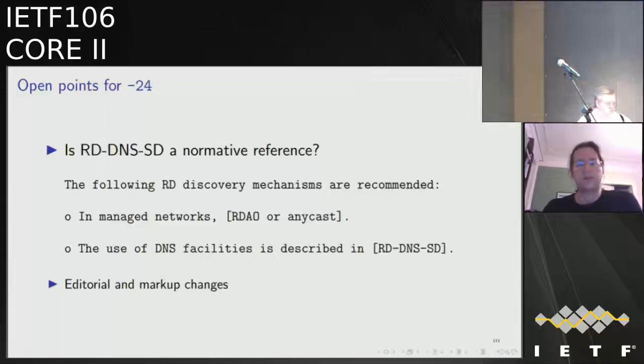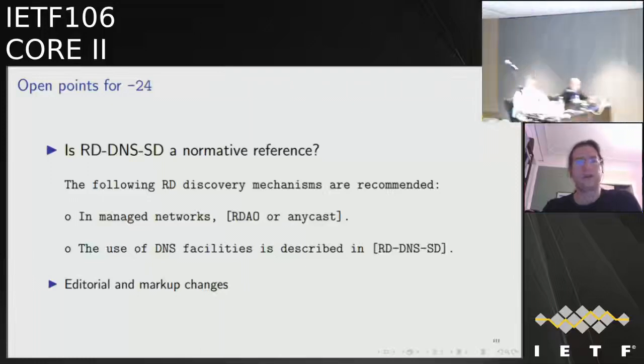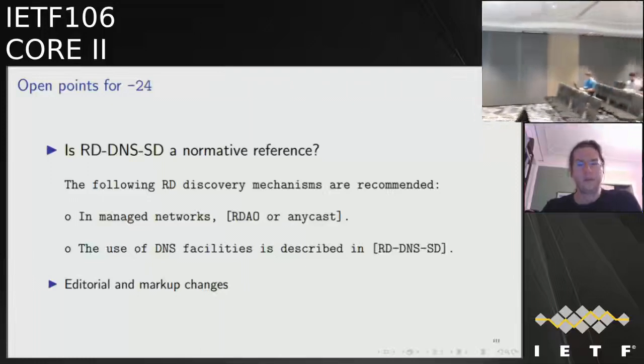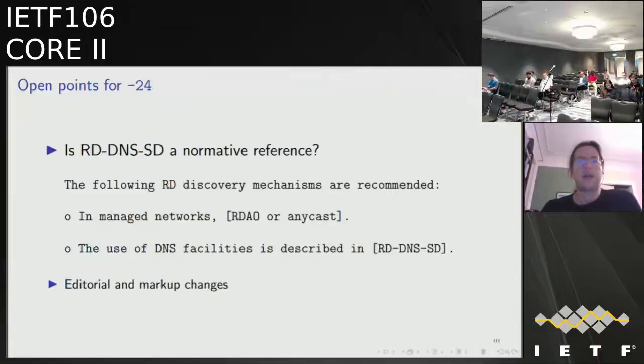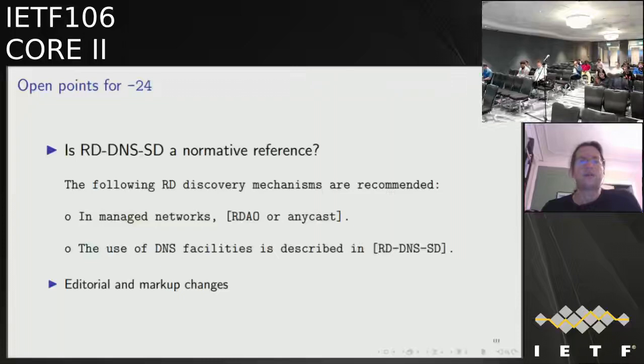So if you're in a managed network, it is recommended that you use the RD address option of neighbor discovery or use Anycast. And one of the recommended mechanisms is RD DNSSD. And the comment was that this looks like a normative reference, and it should be, because right now it is an informative reference. So what shall we do about it?